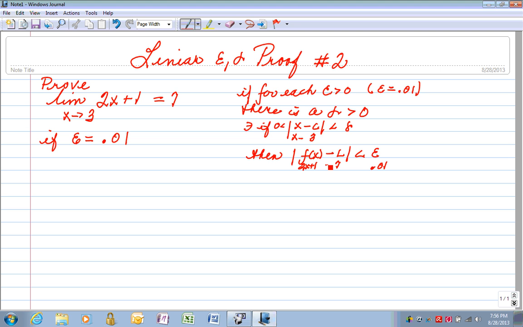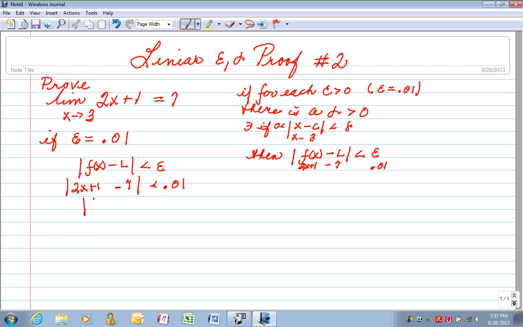Okay, let's go. We're starting from the end. We're going to start from the absolute value of f of x minus L is less than epsilon. So that means we're going to start from 2x plus 1 minus L, which is 7, is less than 0.01.